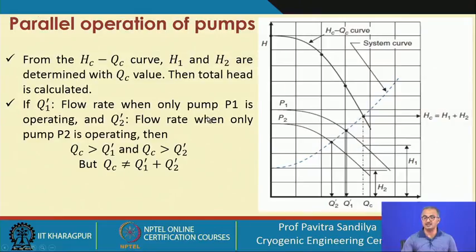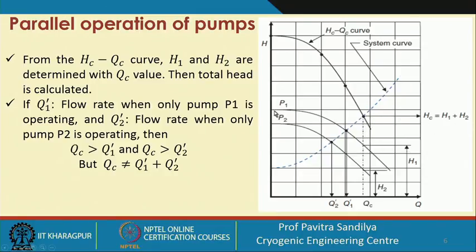Now, here again, as we saw for the parallel connection, we have the overall HC-QC curve over here, and this blue line is the overall system curve. Wherever they are intersecting, from this we can read out the total flow rate, and this is the total head generated by the pumps. This is H1 plus H2.